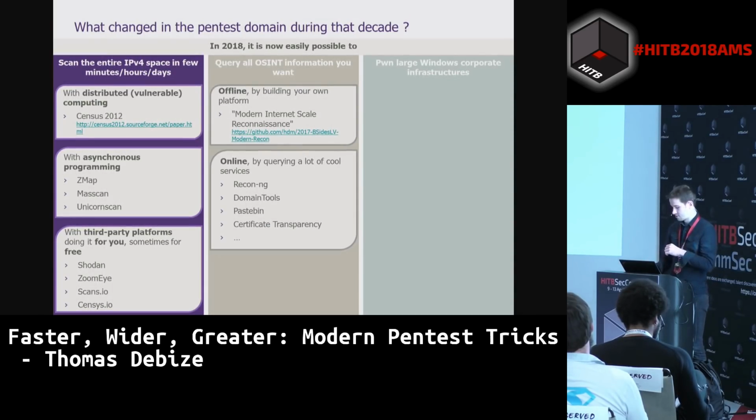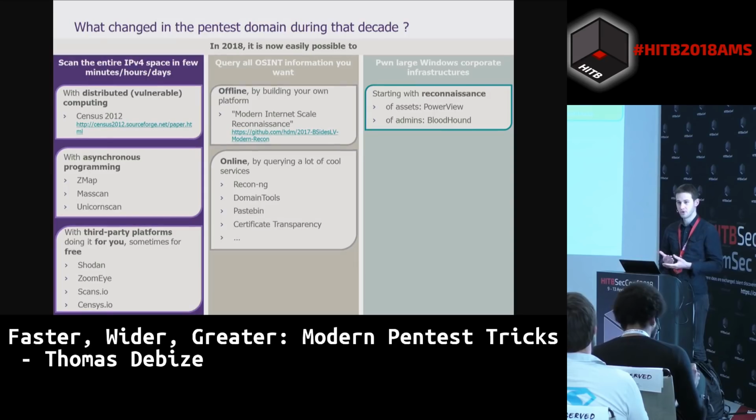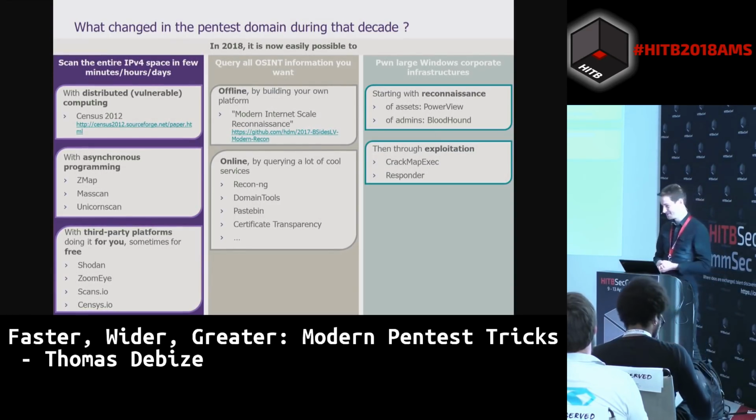And you can, right now, pwn large Windows corporate infrastructures with reconnaissance. I hope, guys, you all know PowerView. BloodHound, for sure. Who doesn't know? Who already heard about BloodHound? Okay, cool. A lot of pentesters here. With BloodHound, you can hunt some domain admins. That's cool. Exploitation, CrackMapExec.